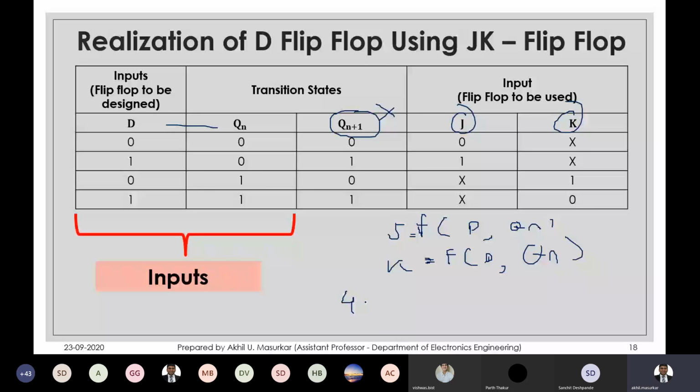So we will solve one K-map for J, one K-map for K. So the flip flop to be designed will always come here. Okay, so solve for J and K and let me know.